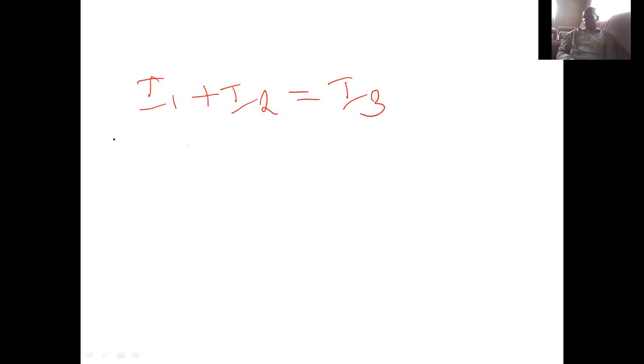This one we found 0.0676 amps plus current 1, we found that it is actually 0.2567 amps, which can give us current 3.